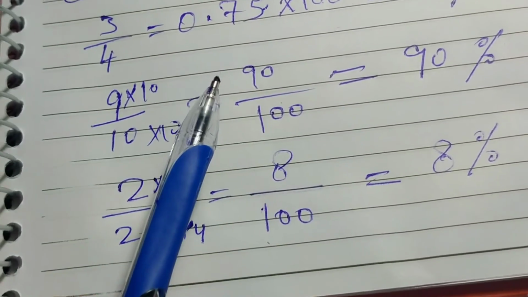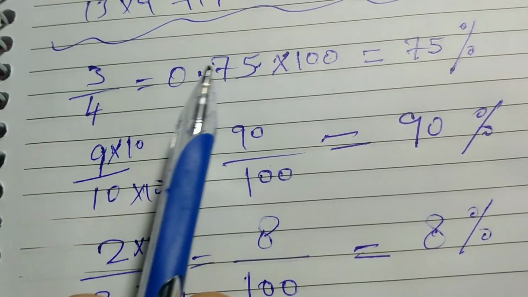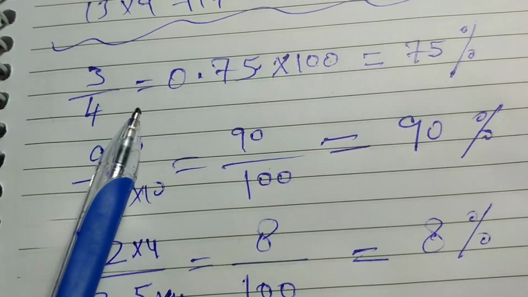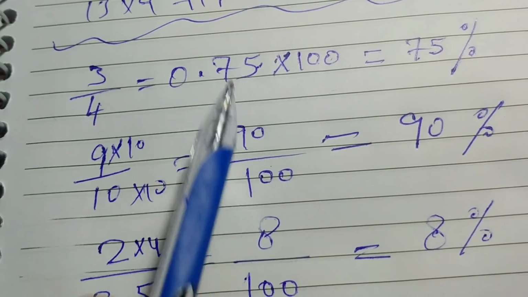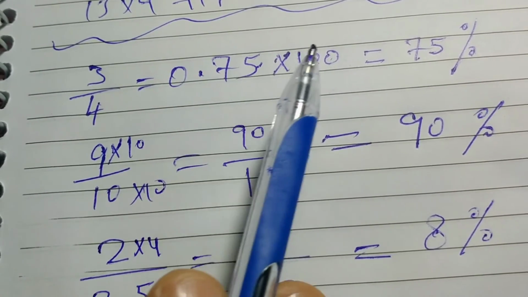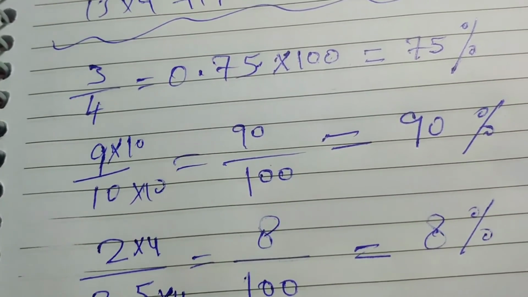The second technique, as I explained before, is to convert the fraction into decimal, if you cannot make the denominator 100. Then multiply the decimal by 100 and you will get the answer. Clear? Let's see one more example.